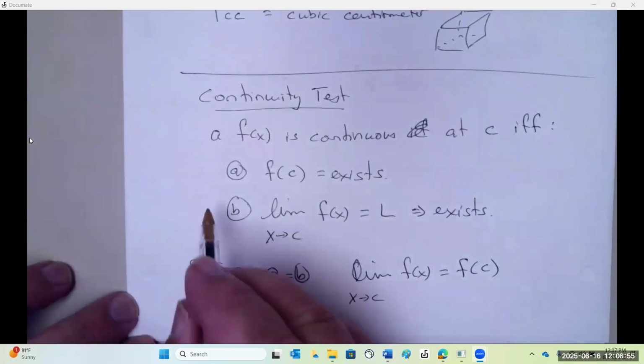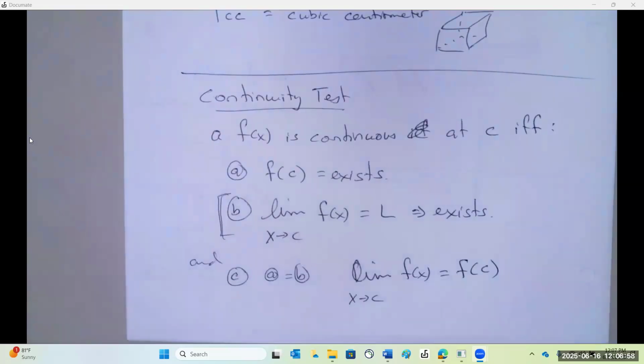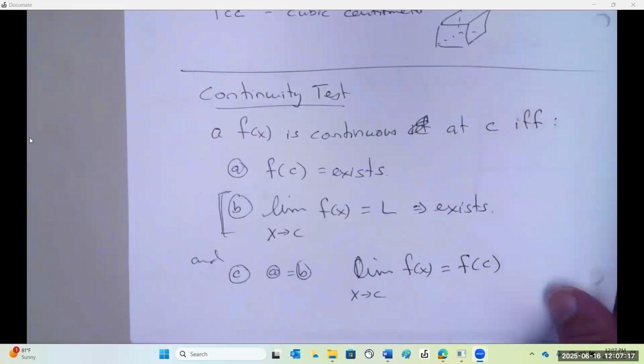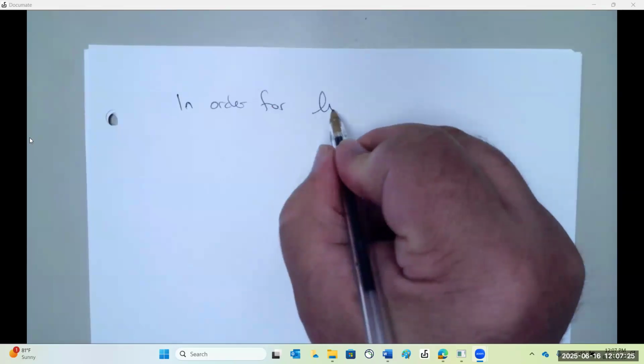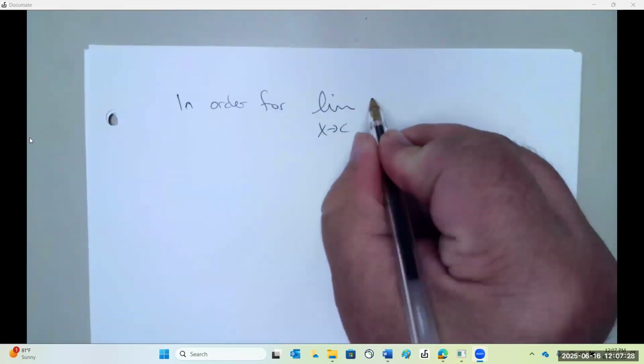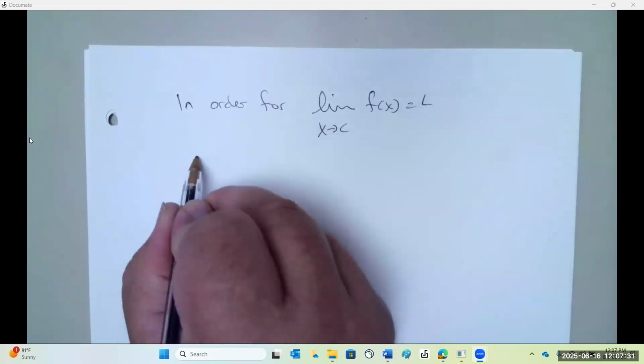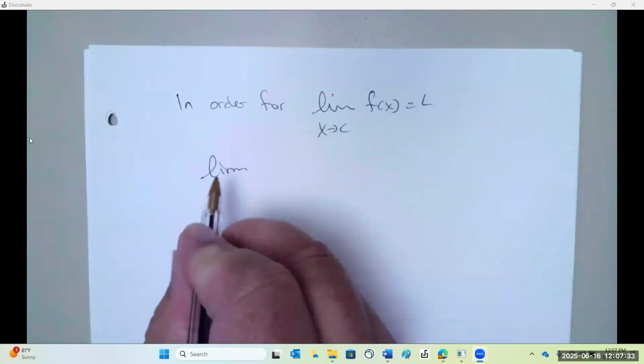Is this all? No, because how do you define the limit? In order for the limit as x approaches C to exist, what has to be true? Two things must exist.